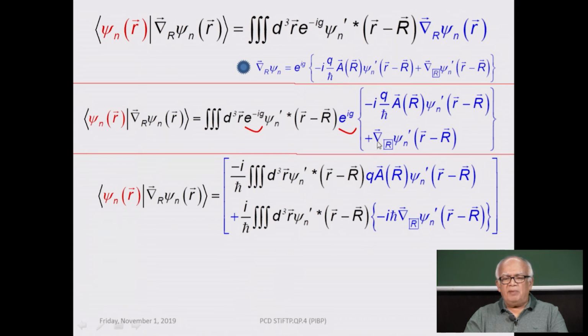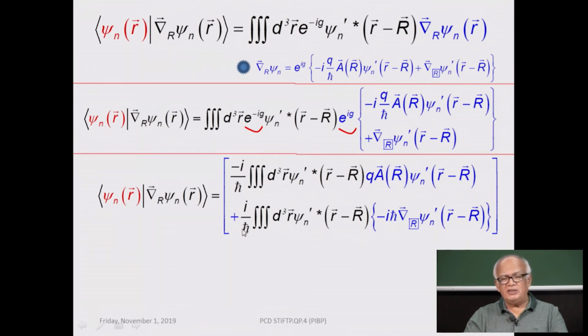And then in the second term, I multiplied this gradient by minus i h cross and divided by minus i h cross, so that it looks like the momentum operator. Okay. Because minus i h cross gradient is the momentum operator. But having done so, I need to undo it by dividing by minus i h cross.